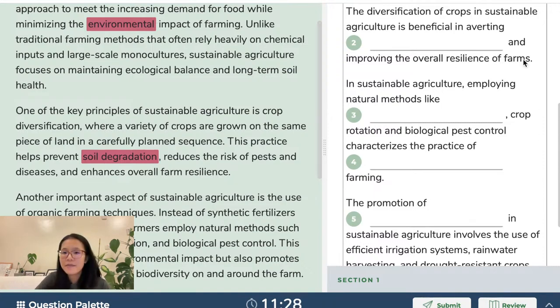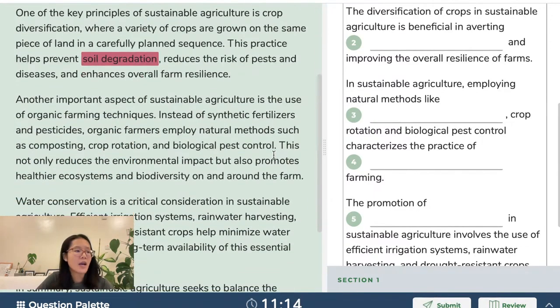All right. If you want to do question number 3, I'm going to give you some time restriction, okay? I'm going to give you 1 minute to read the question and find the answer to question number 3, okay? I'd like you to read question number 3, and then try your best to start reading from this word, soil degradation, and find the answer to question number 3.